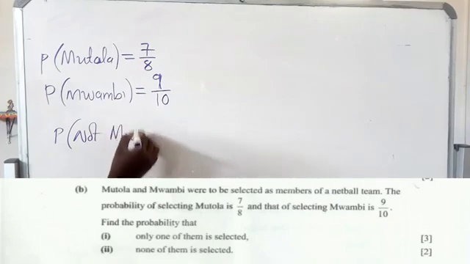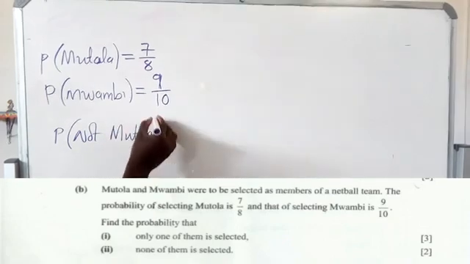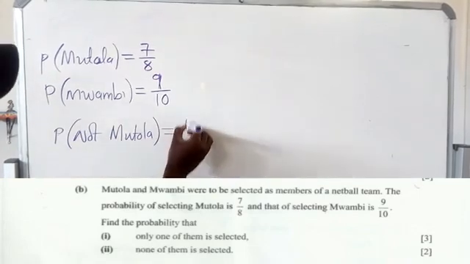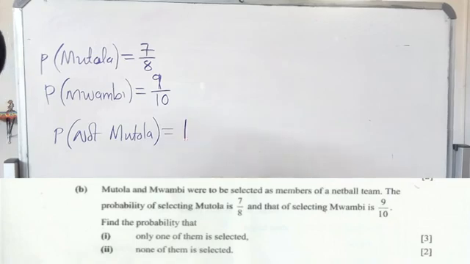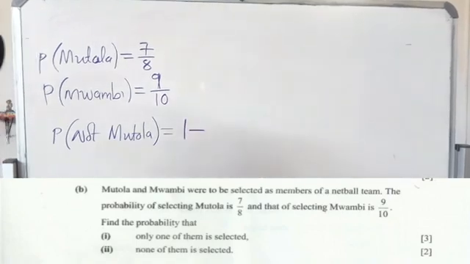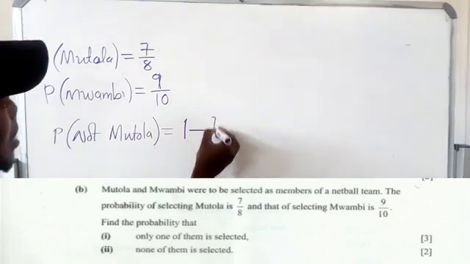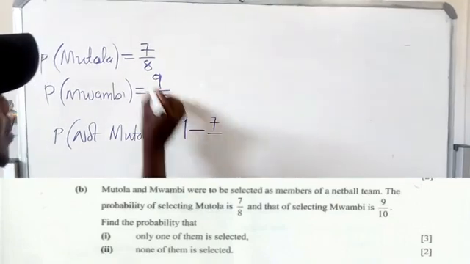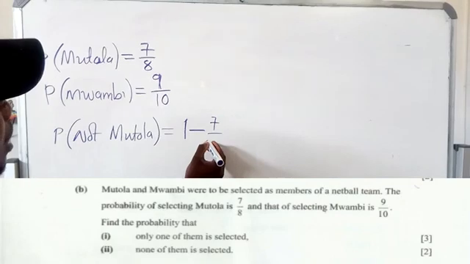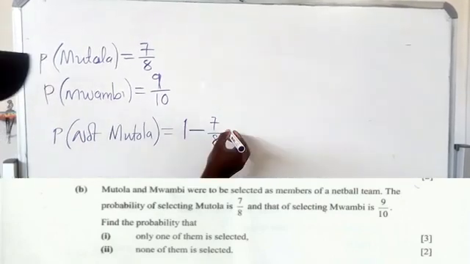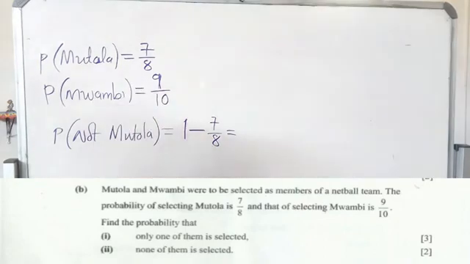So in order for us to find the probability of not selecting Mutola, the probability of not selecting Mutola will be 1, okay? Because the total probability must be 1, minus a probability of selecting this same one, Mutola.